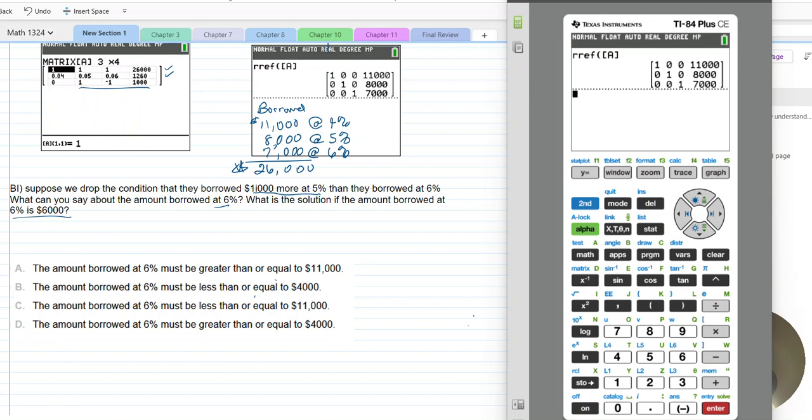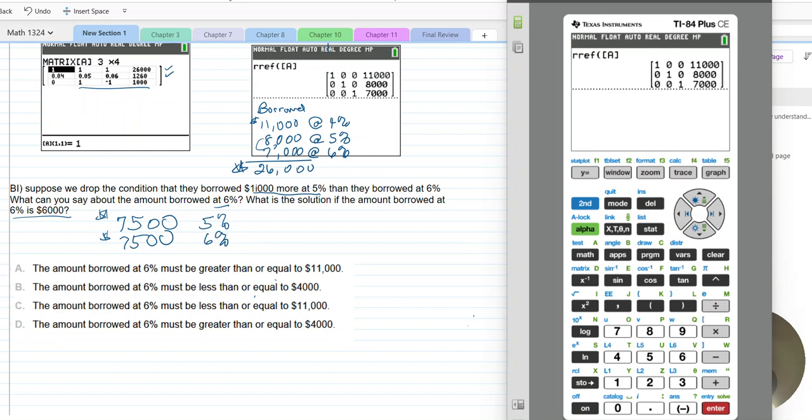All right, then we would say that they would have to be equal, right? In other words, there's 1,000 difference there. So 7,500 for both 5% and 6%.